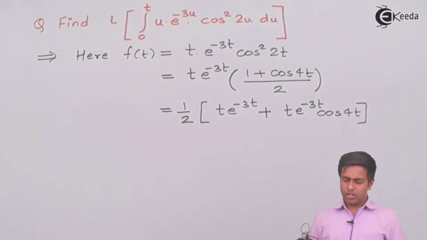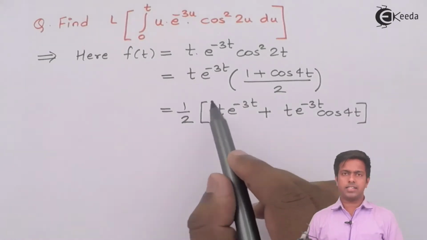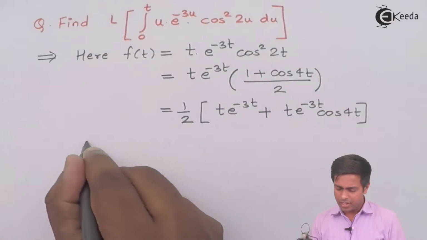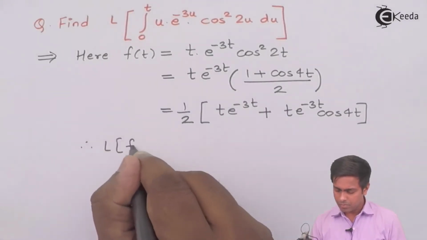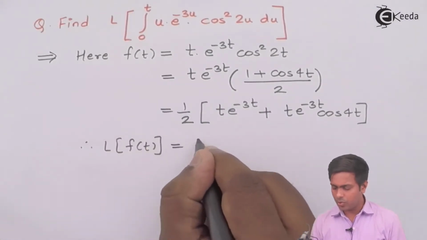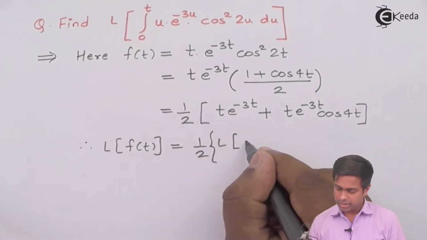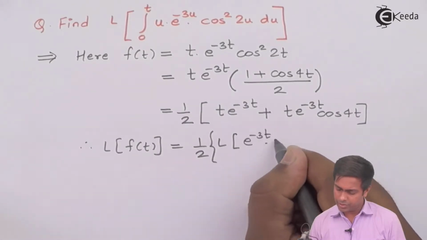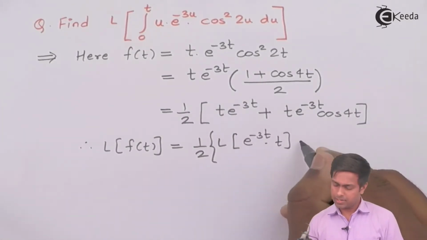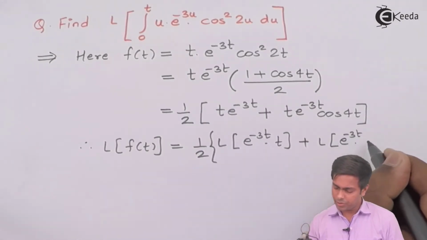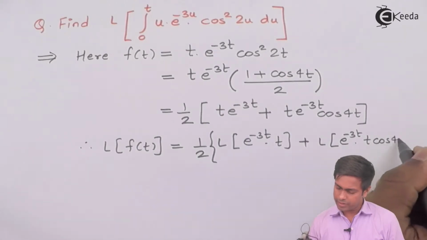So let's start. So what I'll do is, I'll consider this as equation number 1 for time being, and then I will solve each term separately, and then we'll put these values in equation number 1. So here I'll say, therefore Laplace of f of t is equal to half Laplace of e to the power minus 3t into t plus Laplace of e to the power minus 3t into t cos 4t.